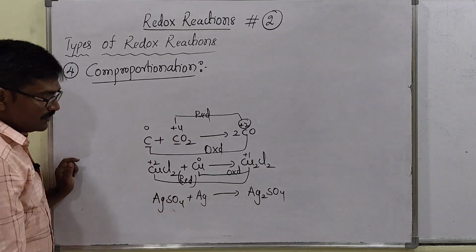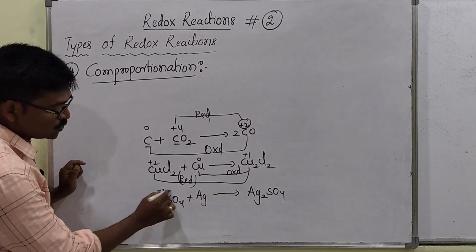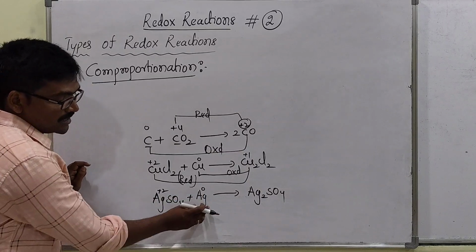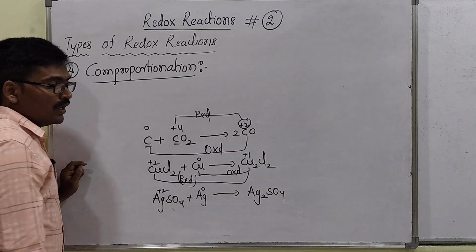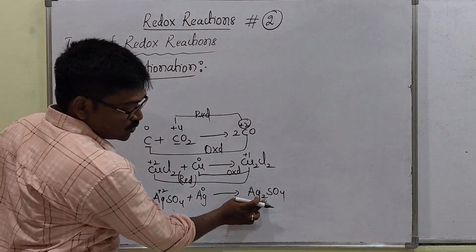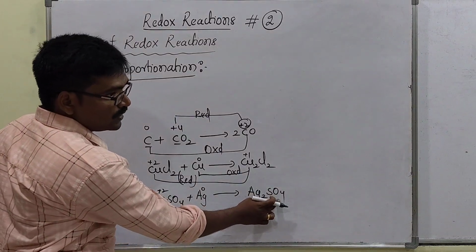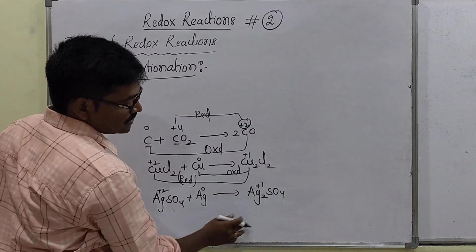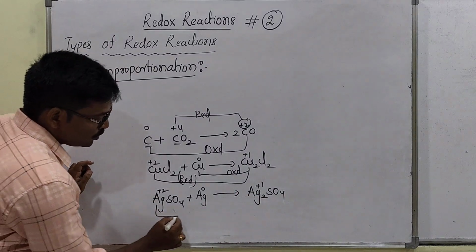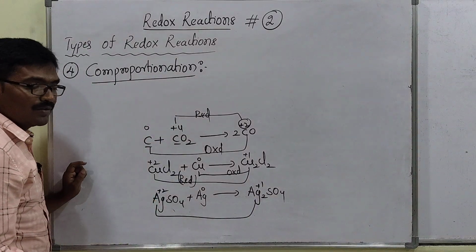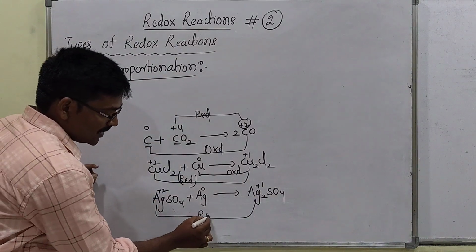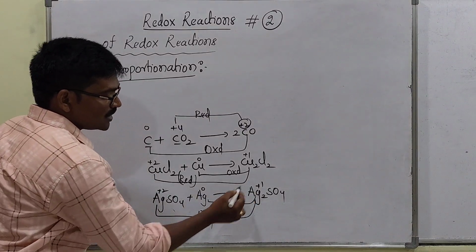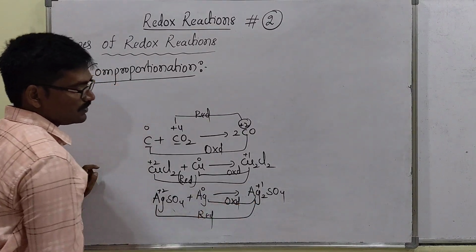Then AgSO4, Ag +2 oxidation state, Ag here 0 because it is present in the elemental form. Ag2SO4, so +1 oxidation state. So +2 to +1, oxidation number decreases, reduction. Then 0 to +1, oxidation number increases, oxidation takes place.